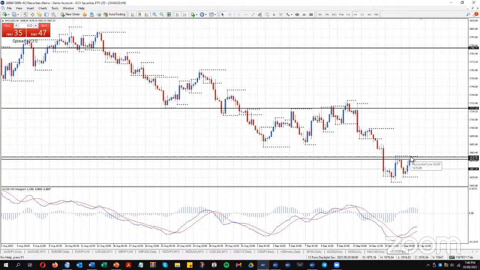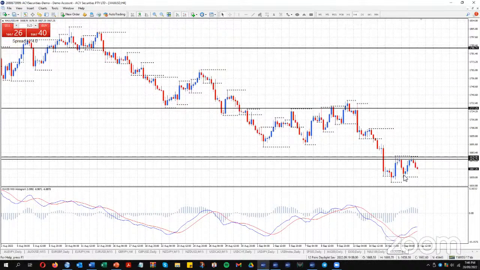All right, if you wanted to trade down from resistance, you've missed the boat. You should have been looking to trade down from resistance 3 or 4 candles ago. So yes, there's an opportunity to trade down there if that was your frame of mind.